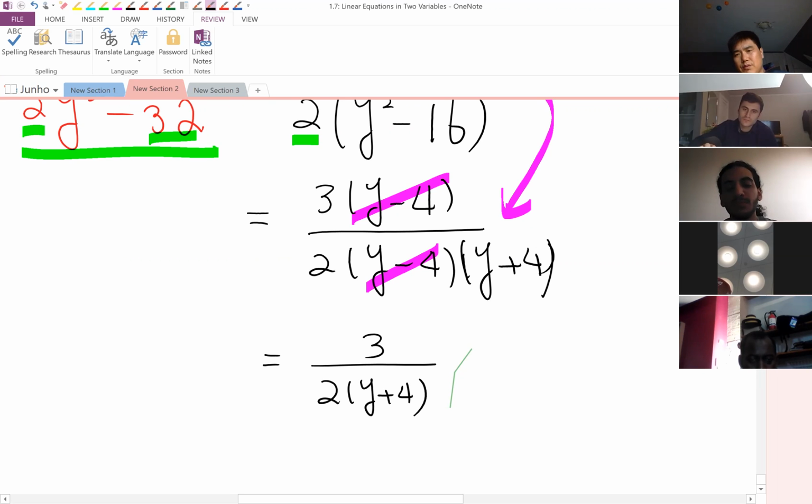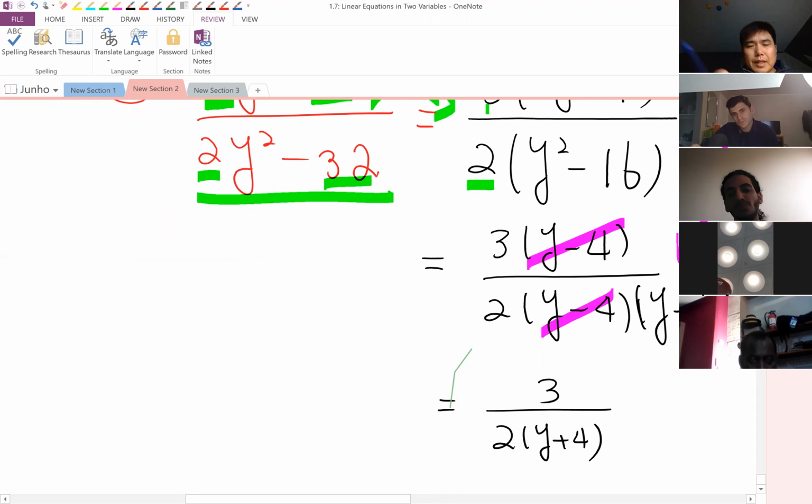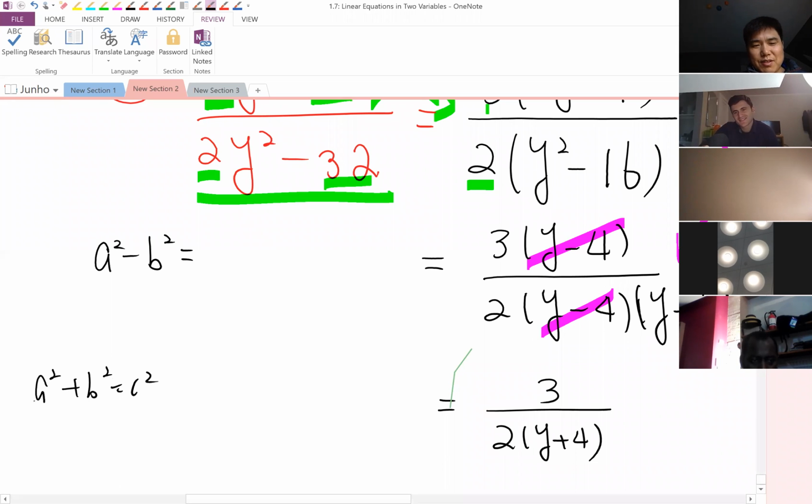When it had y squared, why did it go to y minus 4 and then y plus 4? That's a great question. As you know, a squared minus b squared is what? No, that's the Pythagorean theorem, which is a squared plus b squared equals c squared.